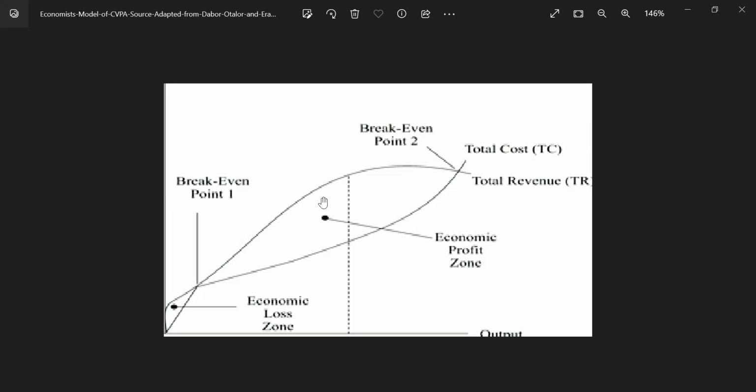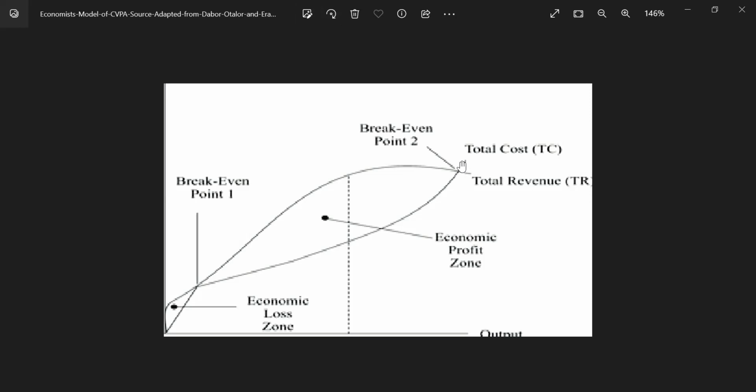They'll be faced with maybe internal challenges, disasters, and so on. But even just the life cycle of the product in the market, the demand for the products will decline at a point in time. So that's why we have the break-even point 2.